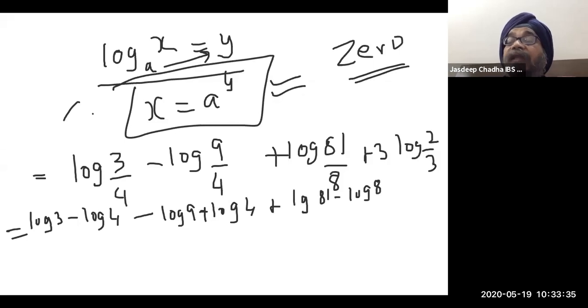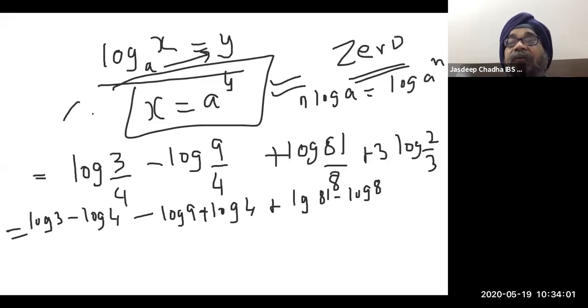Now it is 3 log 2 by 3. When you simplify it, 2 by 3 will be raised to the power of 3, because of the same formula: n log a is equal to log a to the power n. I told you log a to the power n is equal to n log a, and vice versa, the reverse is also true.